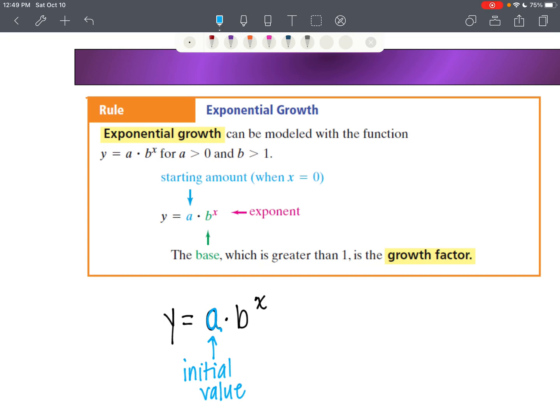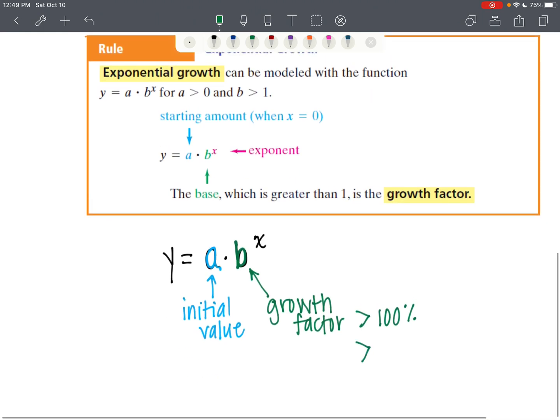And then we've got the base, and the base is going to be our growth factor. So that's our growth factor, which will always be greater than 100%, which means that it's going to be greater than 1. And then we have our exponent.